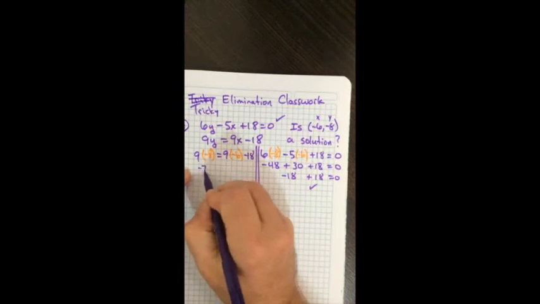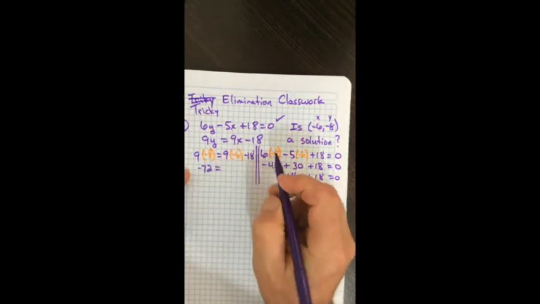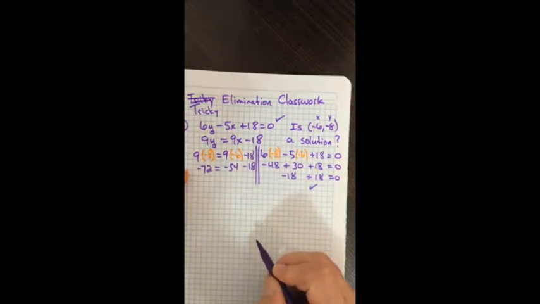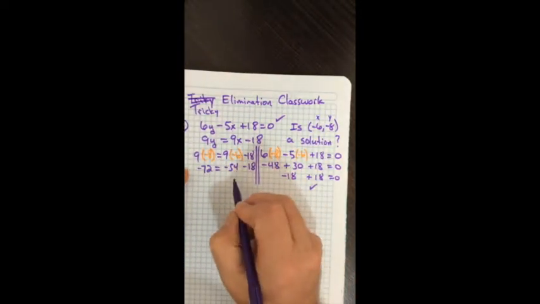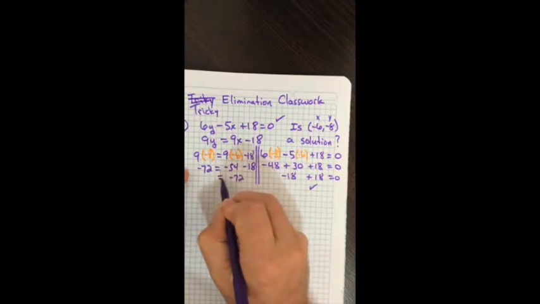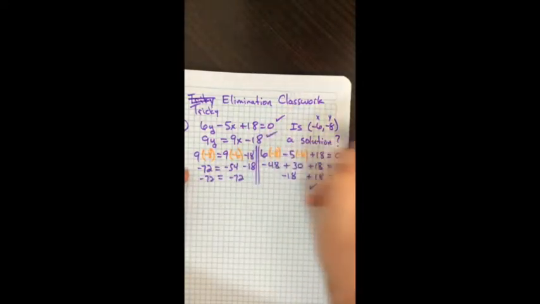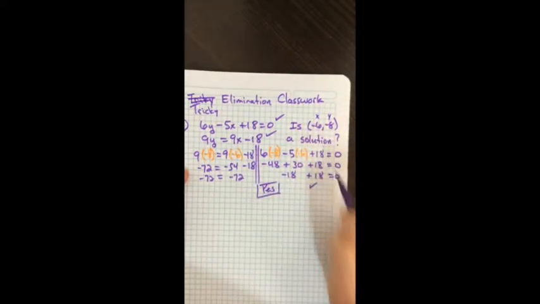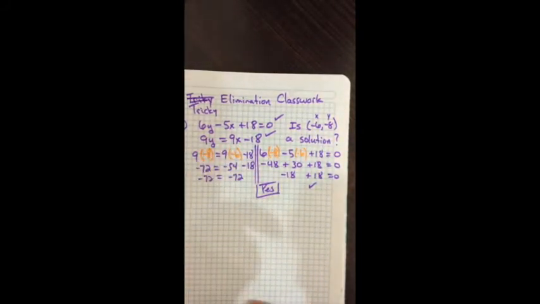Well, this is -72. 9 times -6 is -54 minus that 18. -54 minus 18 is -72. Check. So the answer to this problem is yes. That is the solution to this problem.